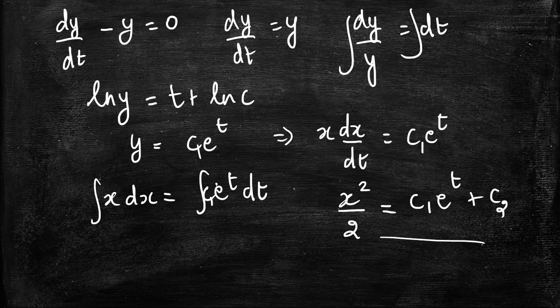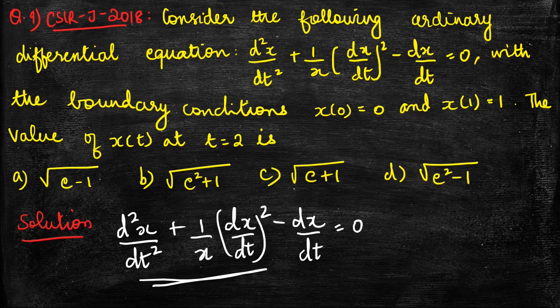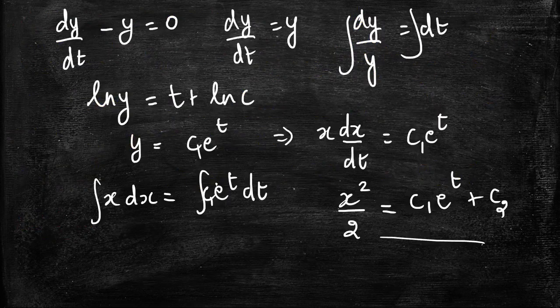Now this is the solution of x. In the question, we have been given that at t is equal to 0, x is equal to 0, and at t is equal to 1, x is equal to 1. So at t is equal to 0, x is equal to 0. At that time, you will have c1 plus c2.